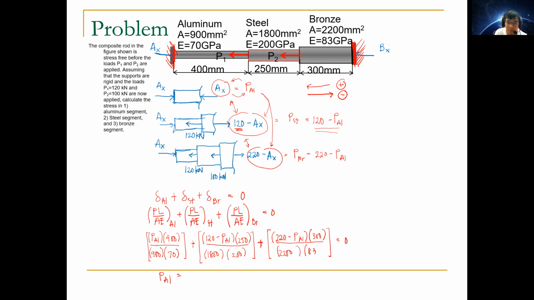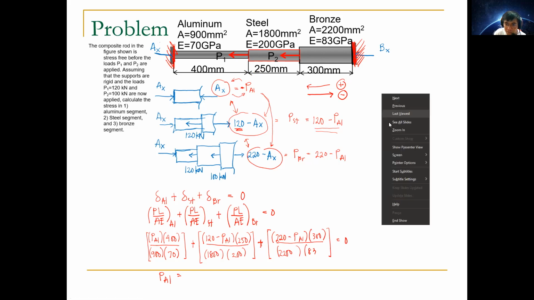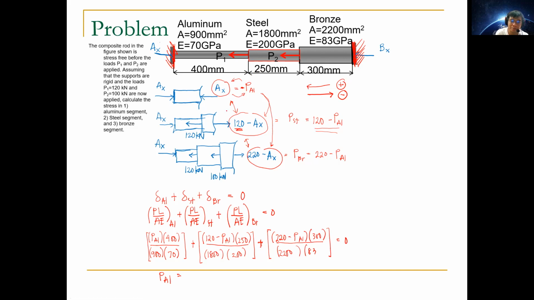Okay, so this one should be negative too. Negative. Okay, it's going to the left, right?